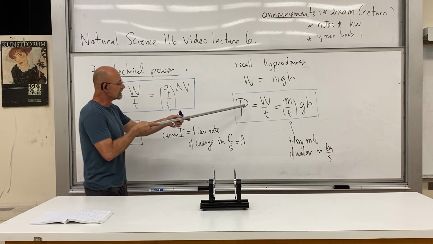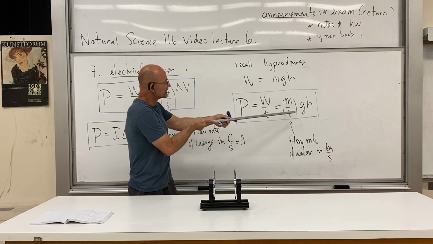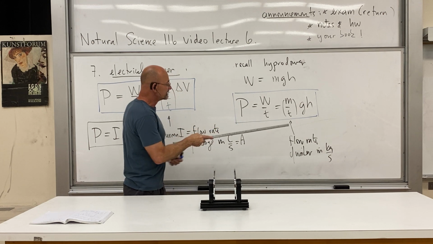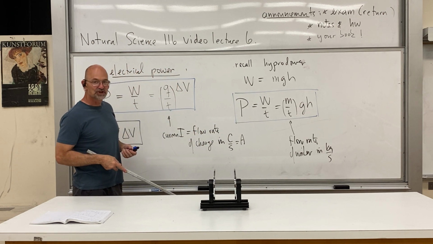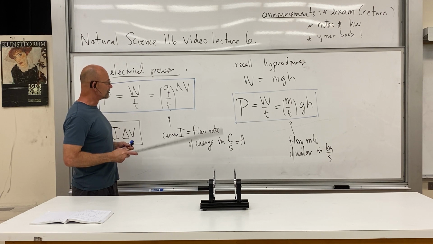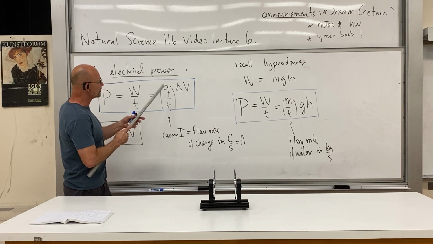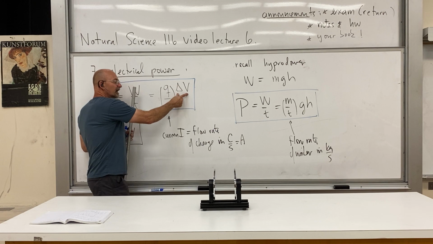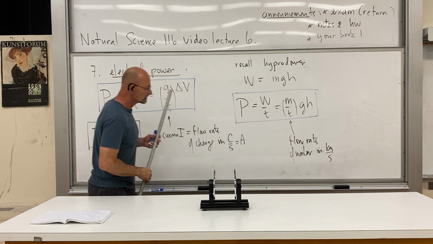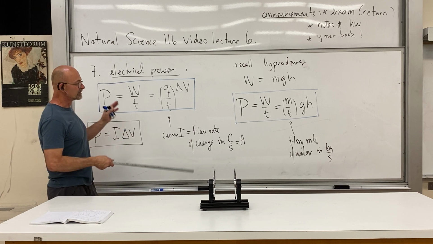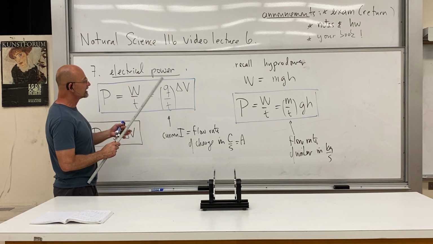And here we have the flow rate of the water times G times H. So we can see this G times H is what we could call a potential difference, just as we call this a potential difference. We could actually call this a gravitational potential difference, although we didn't, and we won't adopt that, but that's what the analogy is.